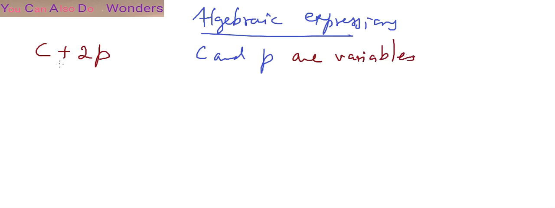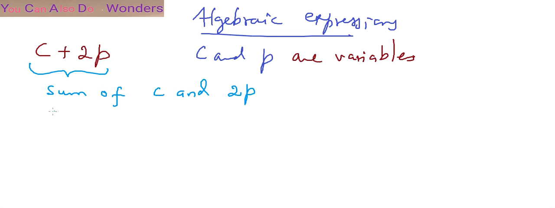What is the meaning of this expression C plus 2P? It's a sum, because there is a plus, which means addition. Another name for addition is sum. So this represents the sum of C and 2P.